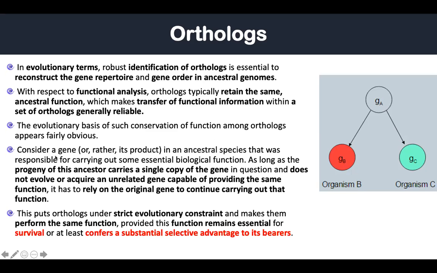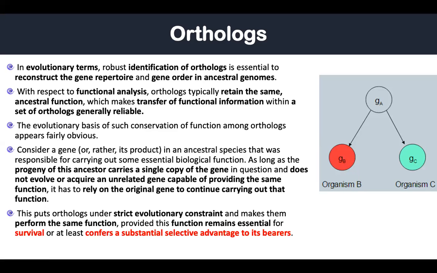So I've given this explanation here. Consider a gene or its product, let's say an enzyme, in an ancestral species that was responsible for carrying out some essential biological function, right? As long as the progeny of this ancestor carries a single copy of the gene and does not evolve or acquire an unrelated gene which is capable of doing the same function, the original gene will continue carrying out the same function.